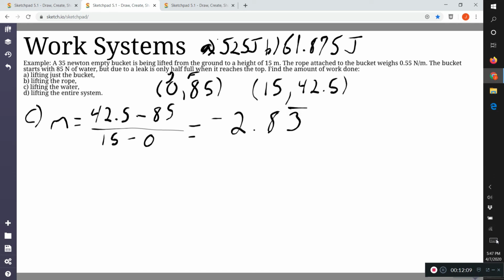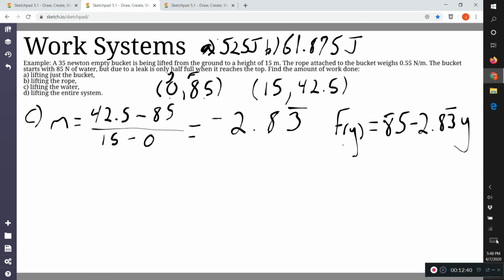And that becomes the slope. We already know our y-intercept, 85. So the amount of force in terms of y that I'm going to have is going to be 85 minus 2.83 repeating y. So that means I start at 85 newtons and I lose 2.83 repeating every 1 meter I go up.